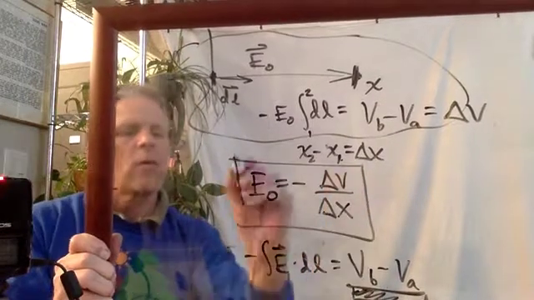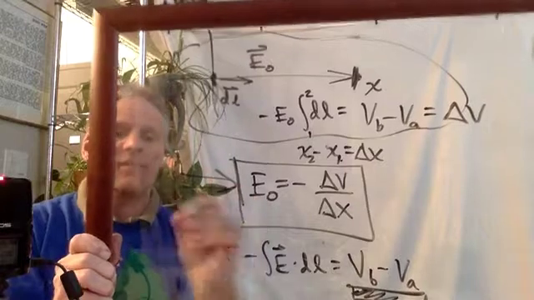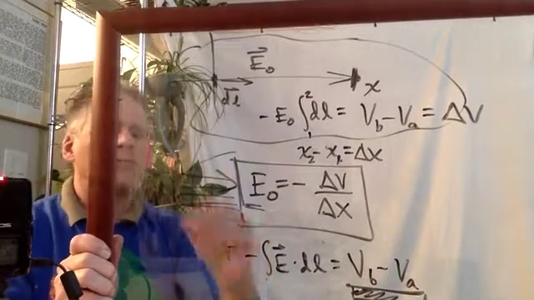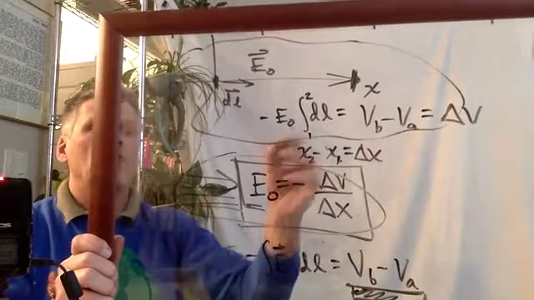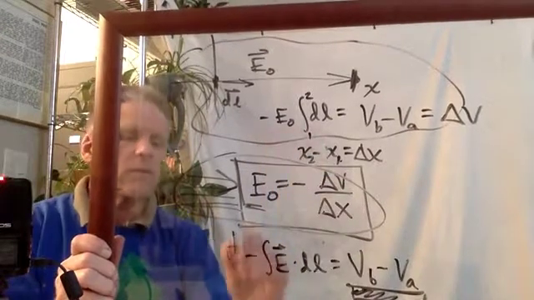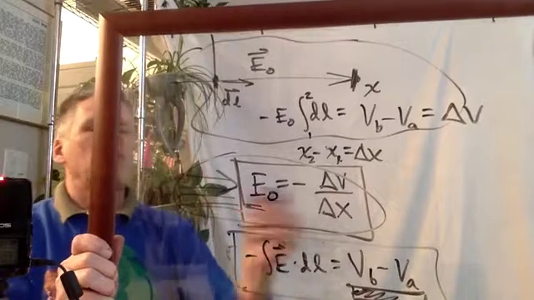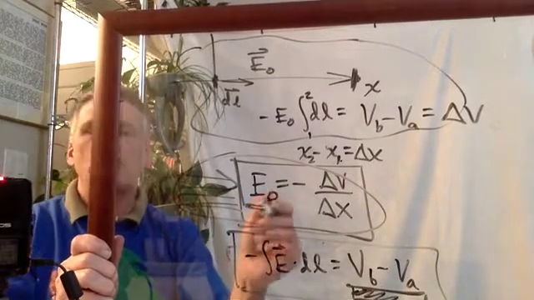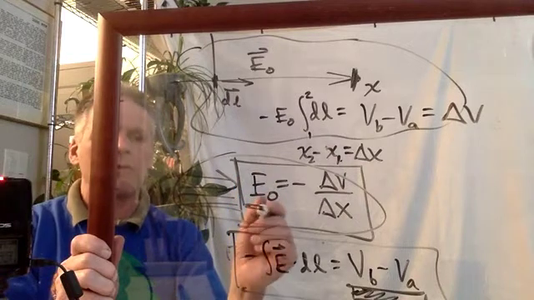Okay, so for regions with constant electric field, this is true. The integral formulation is always true, but this is only true if you're in a region of uniform electric field.